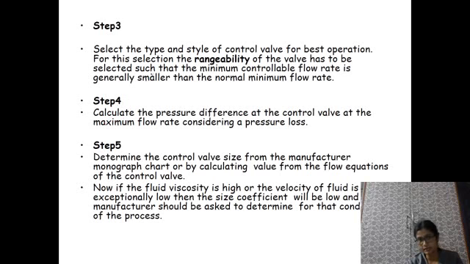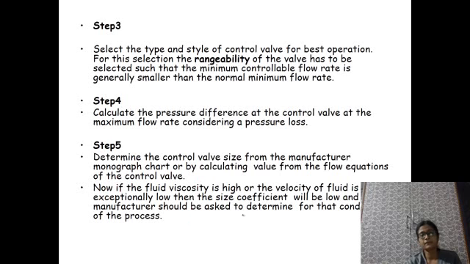All these steps should be maintained properly in order to get a properly sized valve. Next, determine the control valve size from the manufacturer's monograph chart by calculating the value of the flow equation of the control valve, that is the standard flow equation.